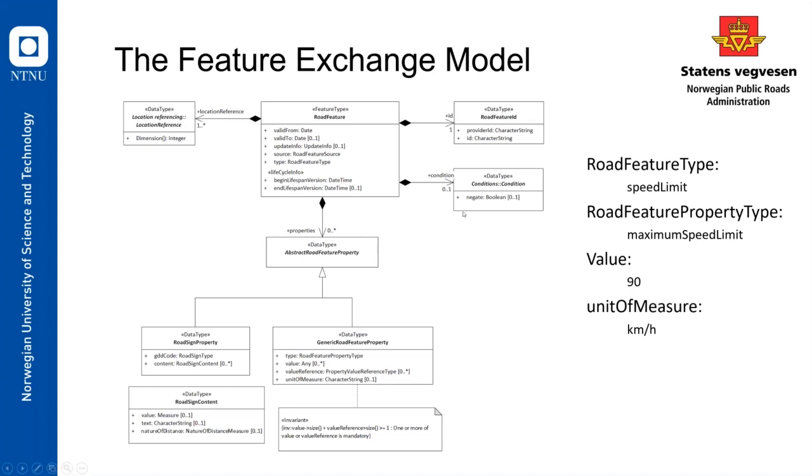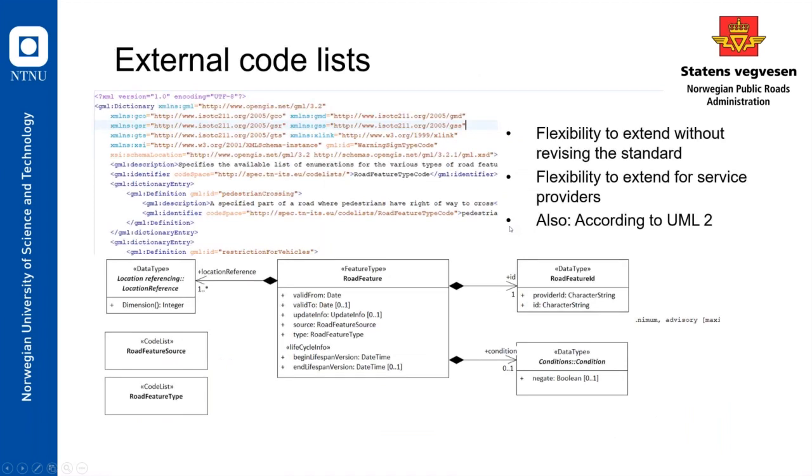Furthermore, we have introduced external code lists in the specification, meaning that all code lists in the UML models are empty. Instead, we are referring to external code lists defined on the TNITS schema site.